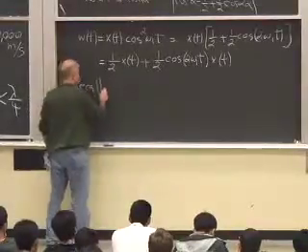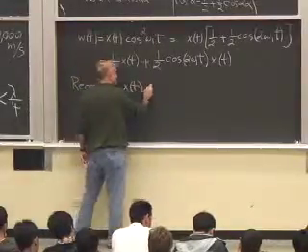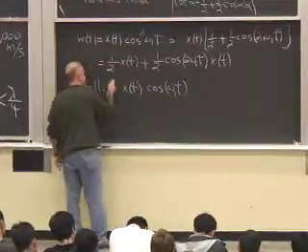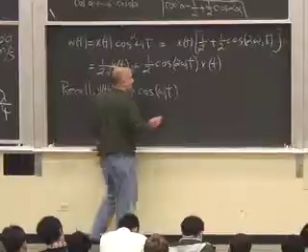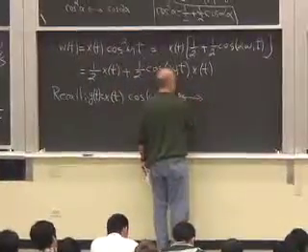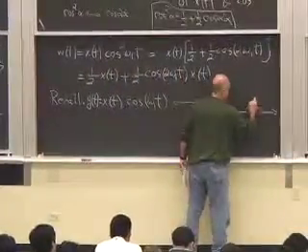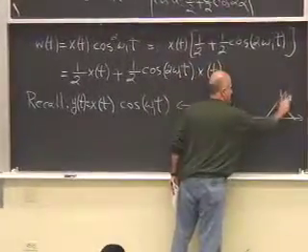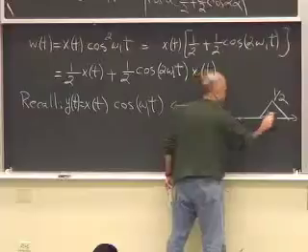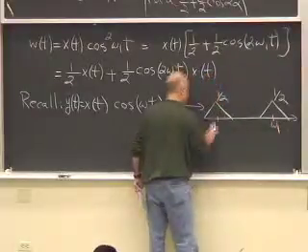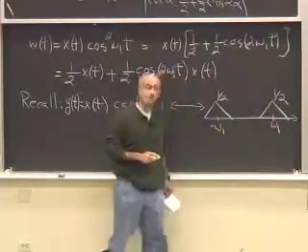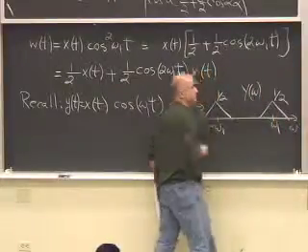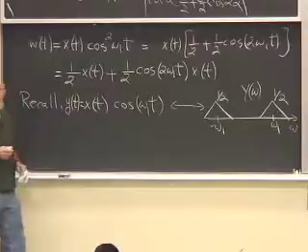Recall, x of t times cosine omega 1t, which was our y of t, had a spectrum that looked like this. Each of the heights is 1/2 at omega 1 and minus omega 1. Right? This is the omega axis. And this is y of omega.